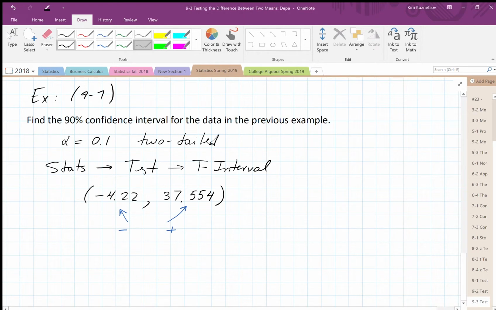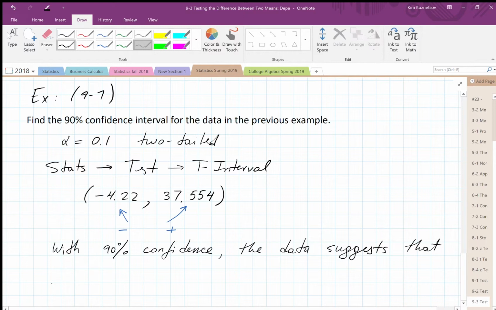Write down your final sentence. With 90% confidence, the data suggests that for some people, the cholesterol, and I'm going back to the problem to see what the units of cholesterol are, measured in milligrams per deciliter.